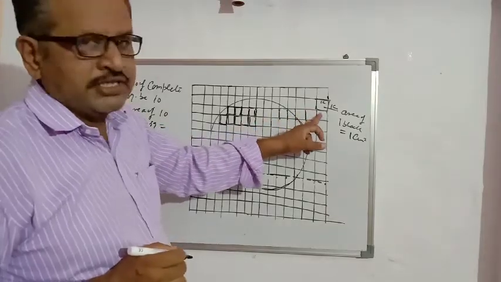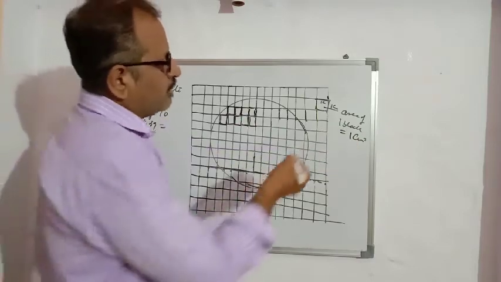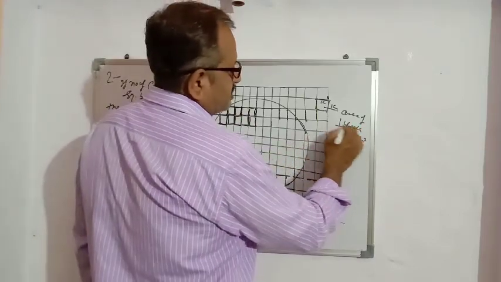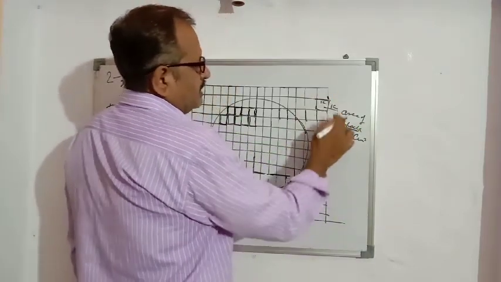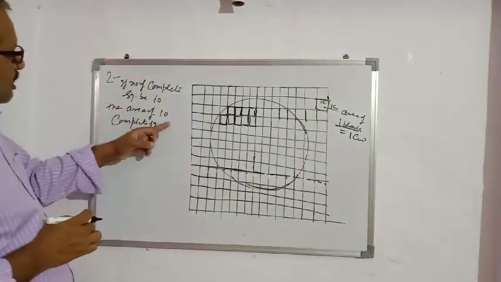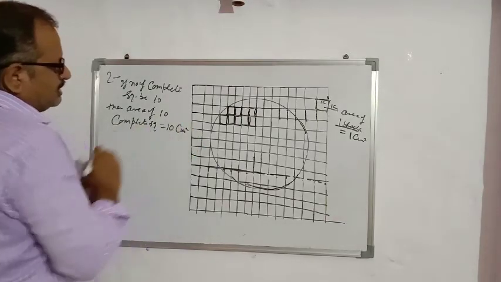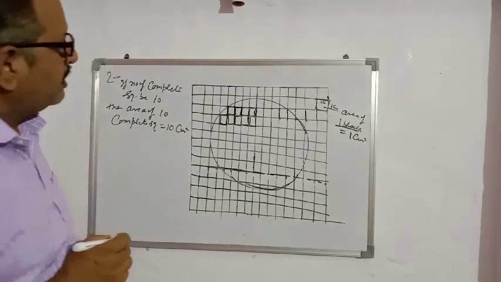It is a 1 centimeter graph sheet, so the area of 1 square is 1 centimeter square. One block means one square. So the area of 10 complete squares will be 10 centimeter square.